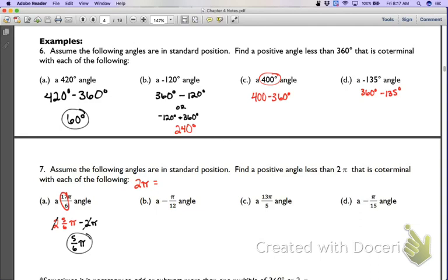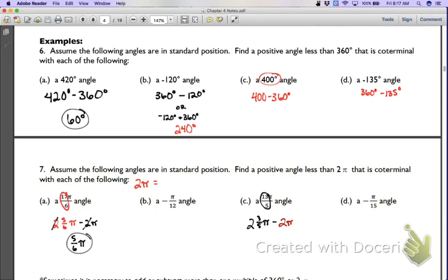So first things first, how can I change this into a mixed number? How many times can 5 go into 13? 2 times again, right? So 2 and 3/5 pi, and then subtract 2 pi.